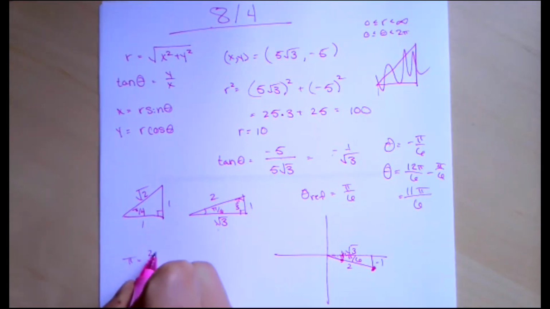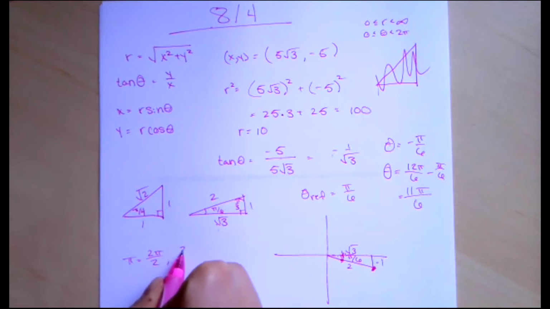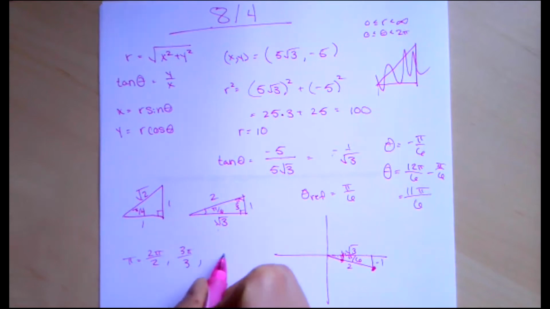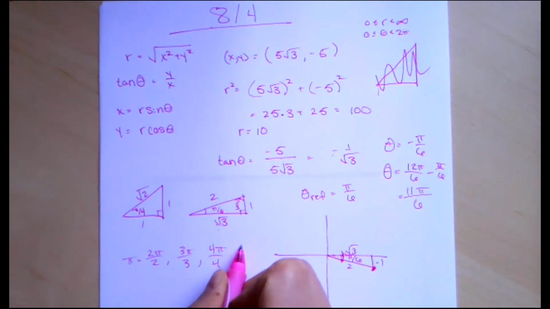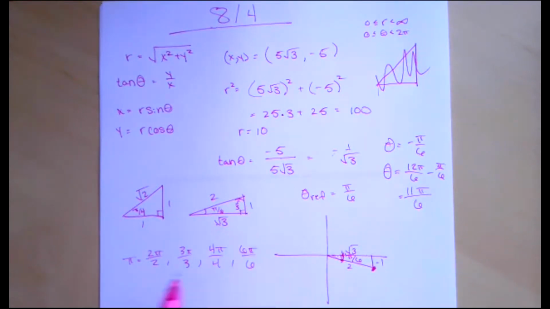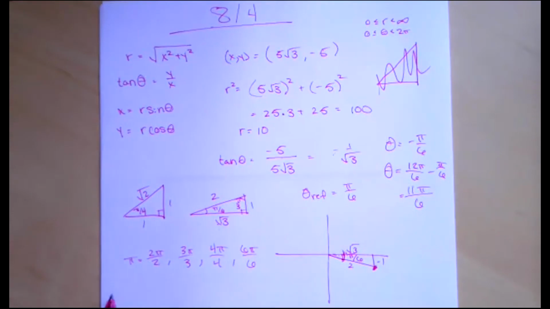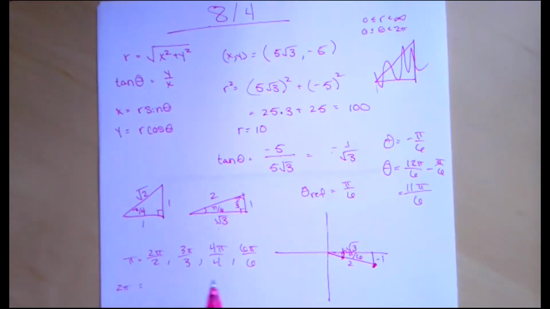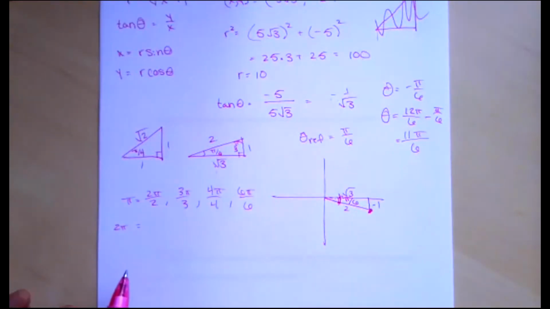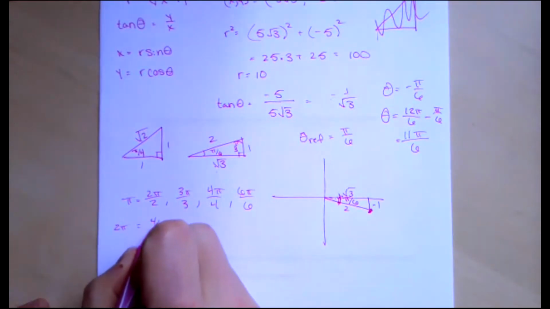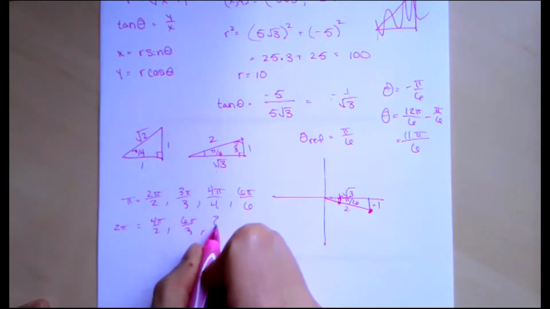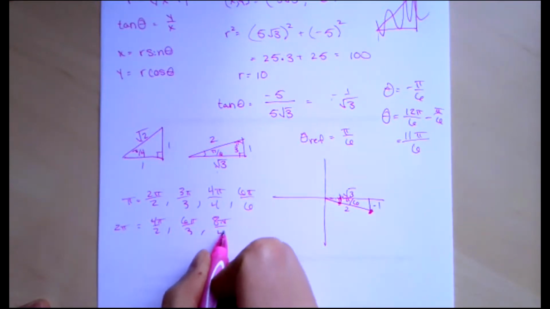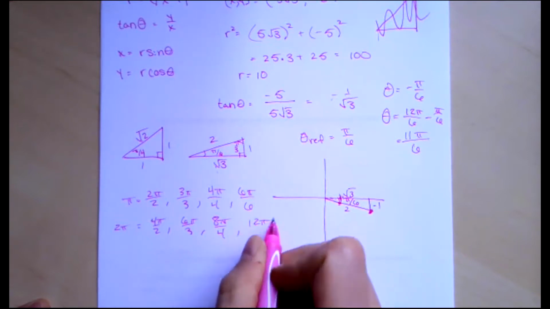So pi is 2 pi over 2, 3 pi over 3, 4 pi over 4, 6 pi over 6. Right? Easy. All you guys should know this by Calc 2. Maybe no one's pointed out that this is a very useful way of thinking about it. Do the same thing with 2 pi: 4 pi over 2, 6 pi over 3, 8 pi over 4, 12 pi over 6.